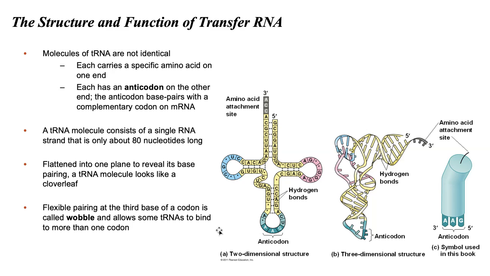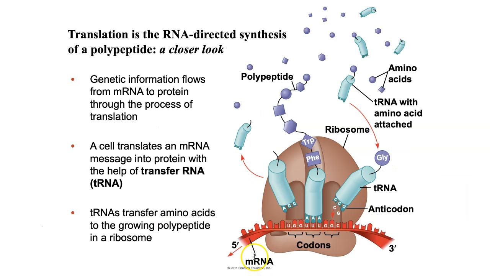So the tRNA is carrying the amino acid at the 3' end, which is at the top over here. And down at the bottom of the tRNA is a very important part called the anticodon. Now you know where the codons are. Let's go back a slide. The codons are all located on this red ribbon, which is the mRNA, right? Here are 3 codons, UGG, UUU, GGC. Those are 3 different codons.